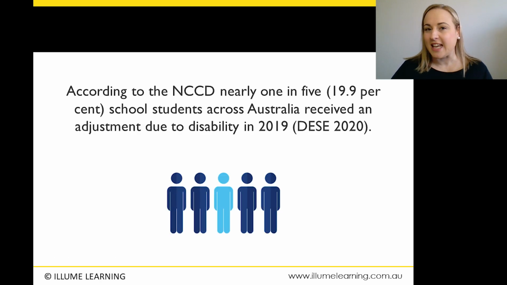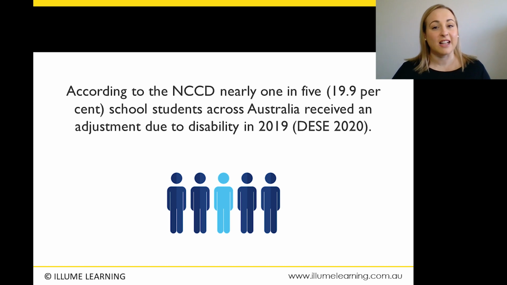So, what we're seeing across Australia and internationally is a real trend towards inclusion, meaning that more students with disabilities are being educated in general education classrooms. According to the NCCD, that data tells us that nearly 1 in 5, or almost 20%, of school students across Australia received an adjustment due to disability.